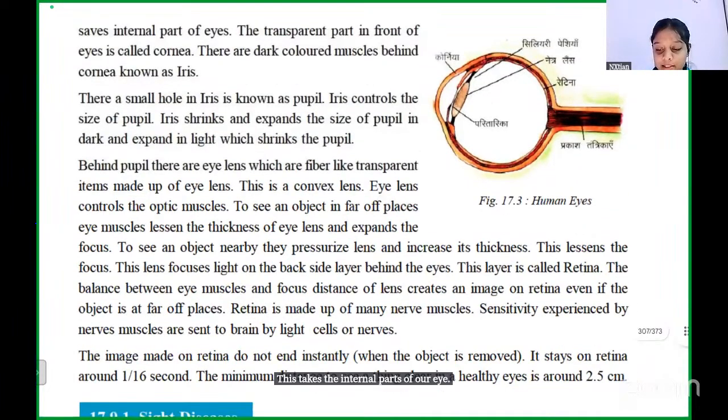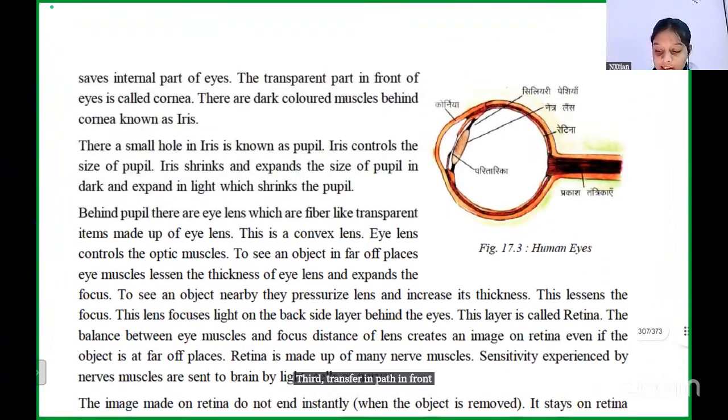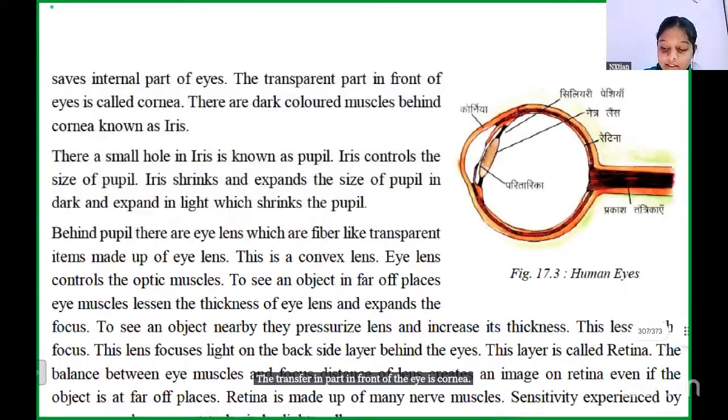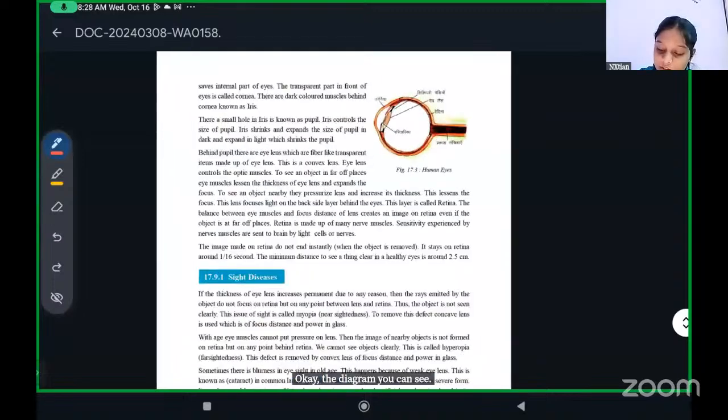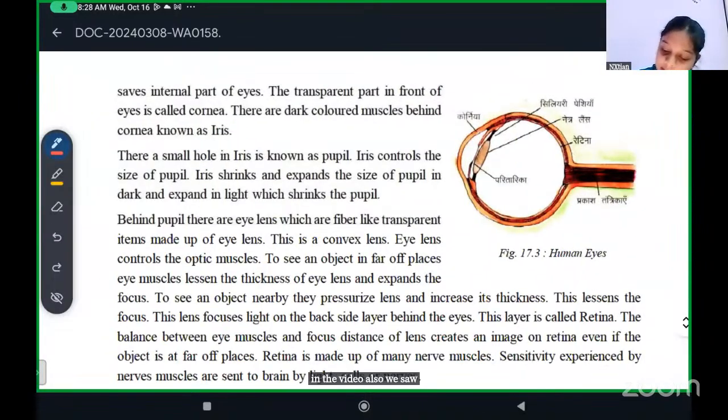The transparent part in front of the eye is the cornea. In the diagram you can see, in the video also we saw that this part is the cornea. Behind the cornea there are dark colored muscles known as iris.